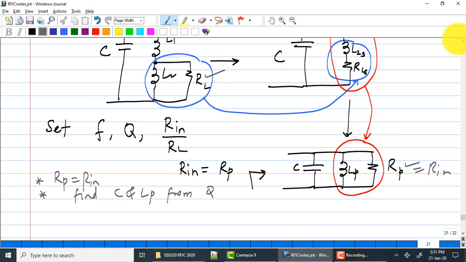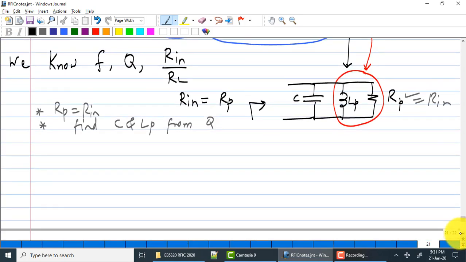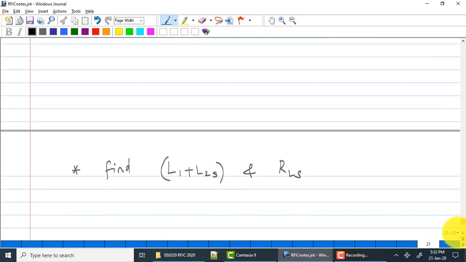That's what I meant. So F is known. You know your operating frequency, right? Maybe I'll use a different word since that is confusing. We know frequency of operation, we know Q, we know omega naught, 2 pi times F. Was that your question? Whether it's set? Yeah, we know. Okay? What else?